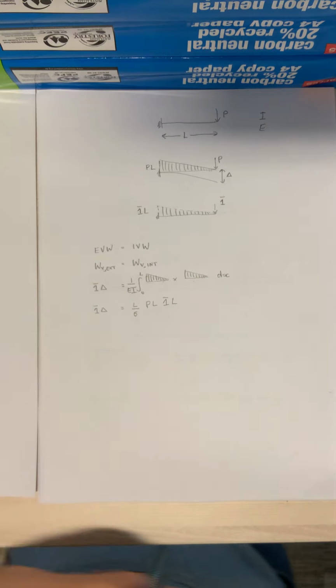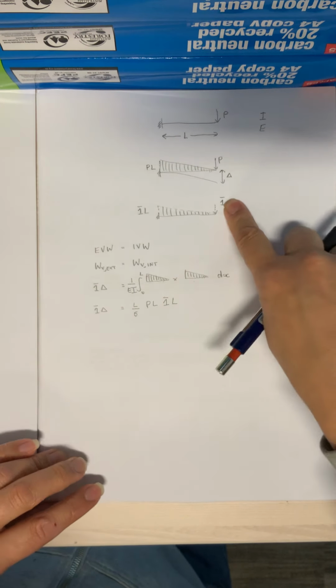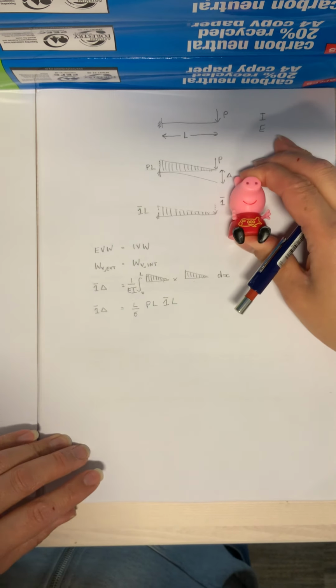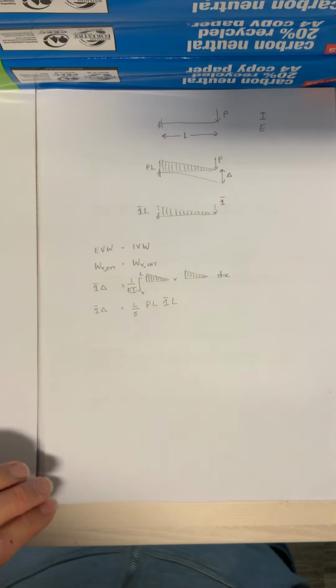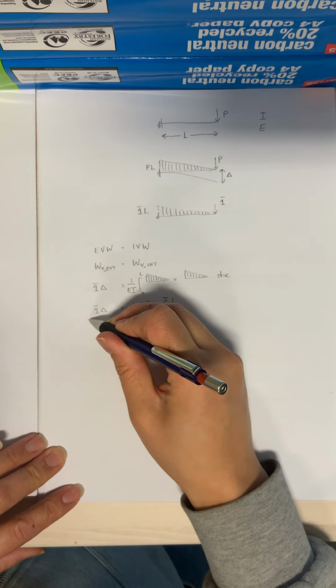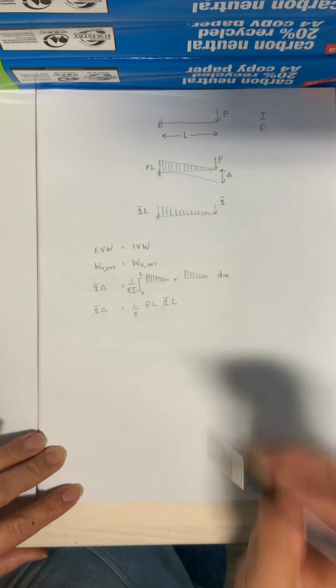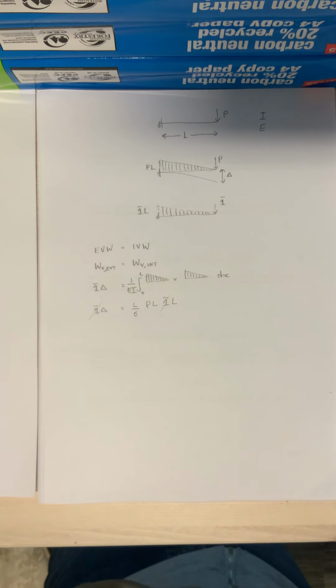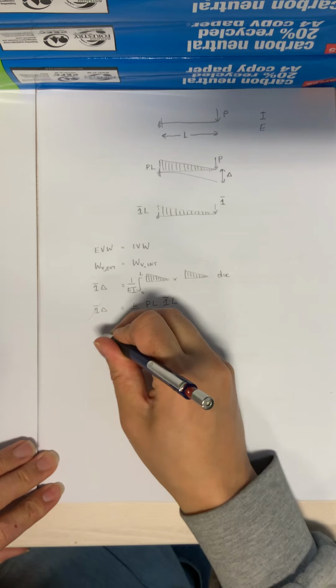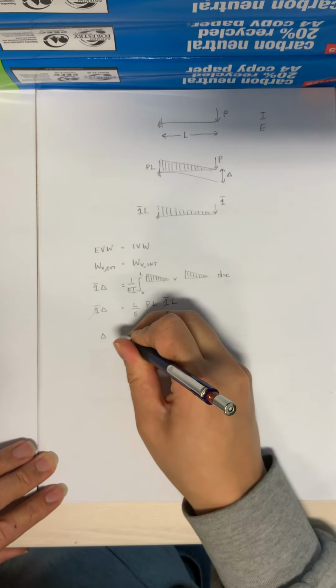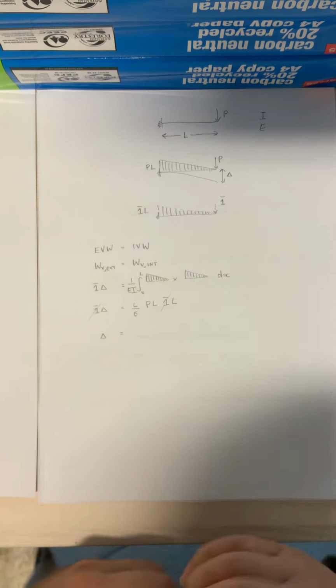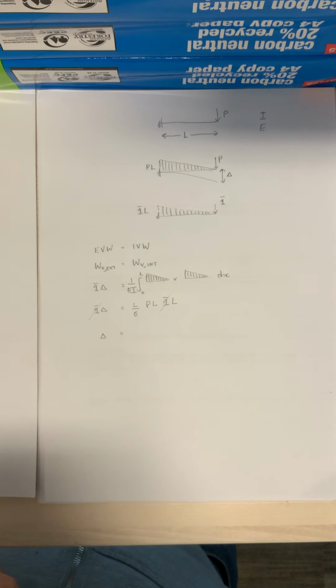Remember that I keep reinforcing that 1 bar can be anything in the virtual world, because it's just going to be removed in the wash. And so you would then say that your delta, which you're trying to calculate, is equal to L over 6.